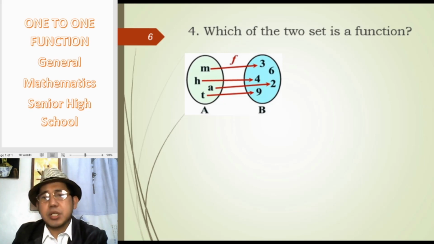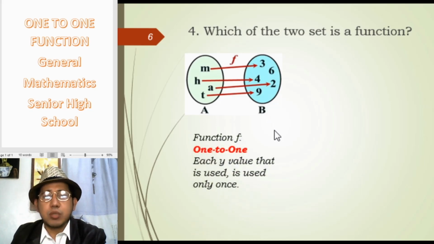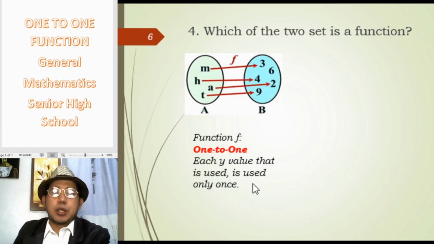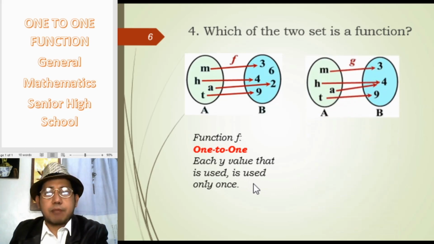M is assigned to 3, H is assigned to 4, A is assigned to 2, and D is assigned to 9. You will notice that there are no repeated assignments of every element in A and element in B. So this must be considered a one-to-one function. Each y value is used only once.